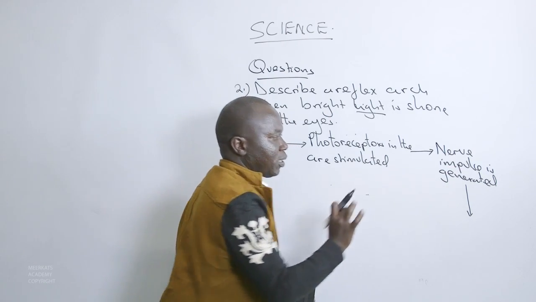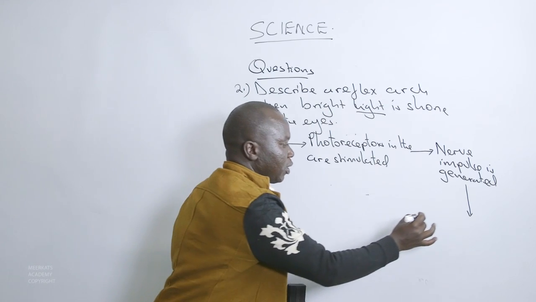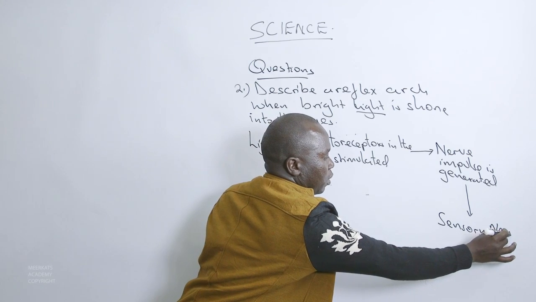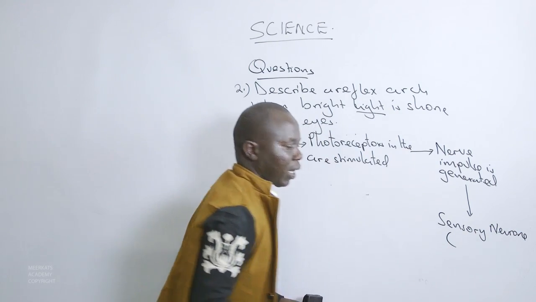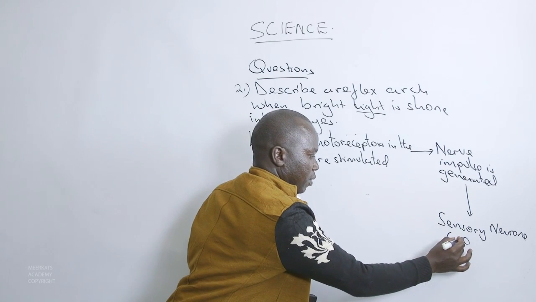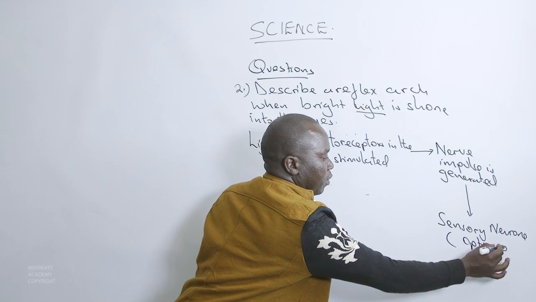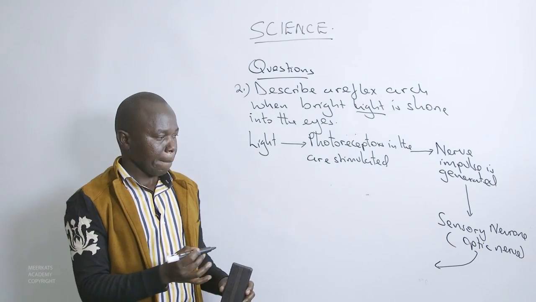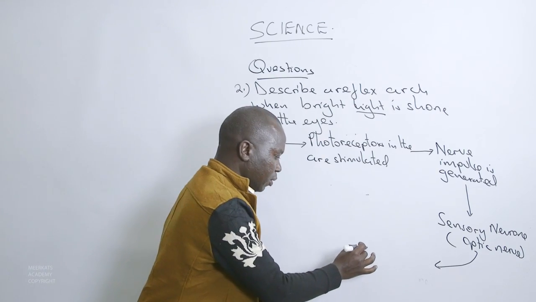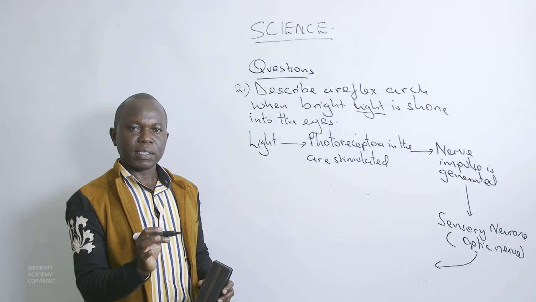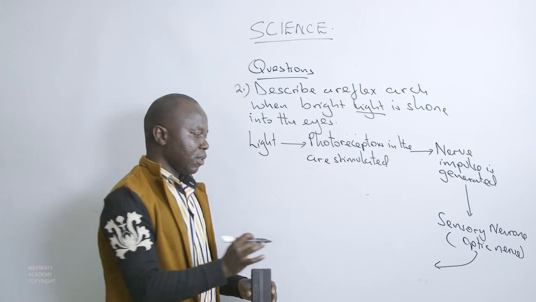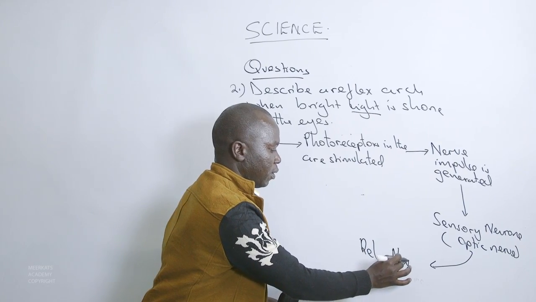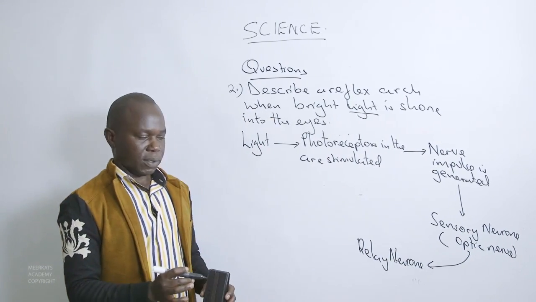So the sensory neuron, in this specific case, is the optic nerve, and then to the central nervous system, where we have now the relay neuron.